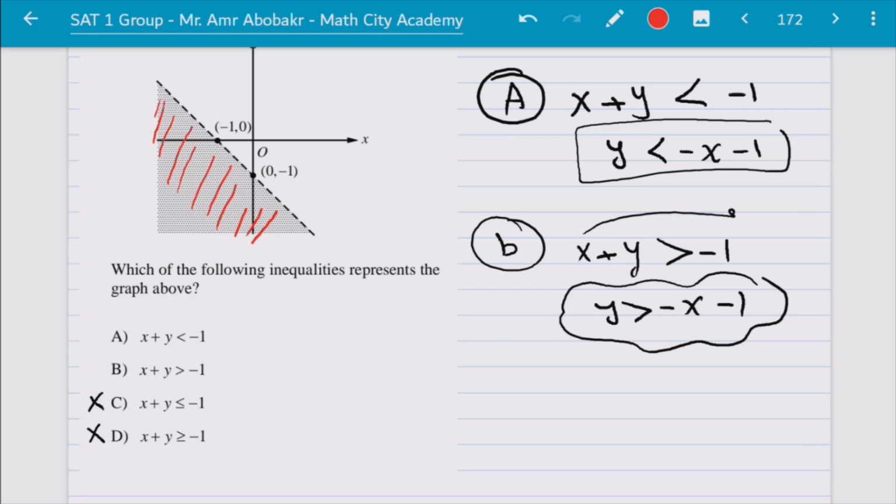So here he colored the area below the line, so y smaller than. So this choice will be correct: y smaller than negative x minus 1. According to this choice, we will choose this one.